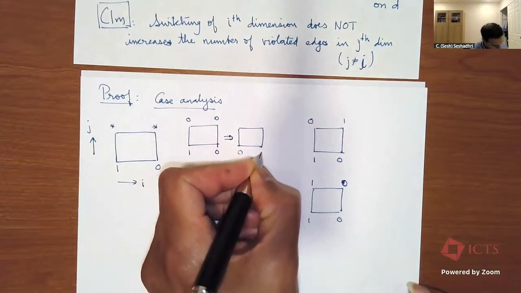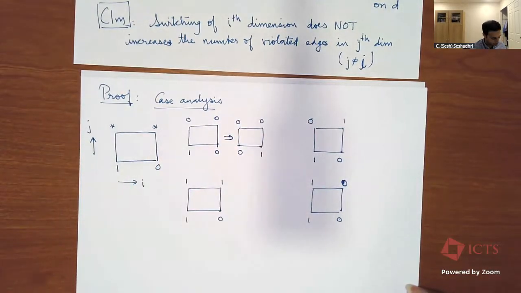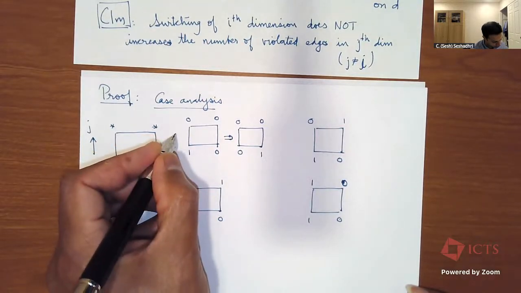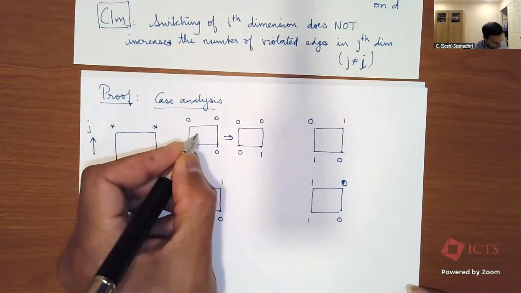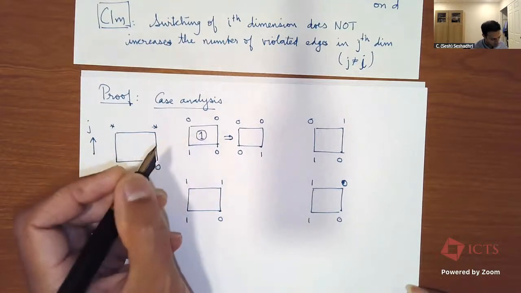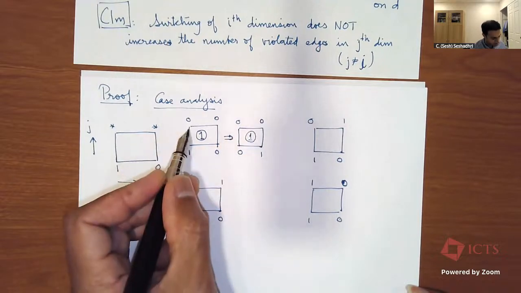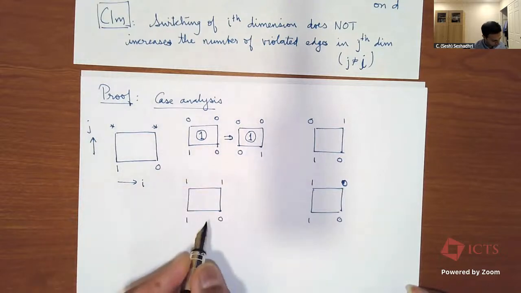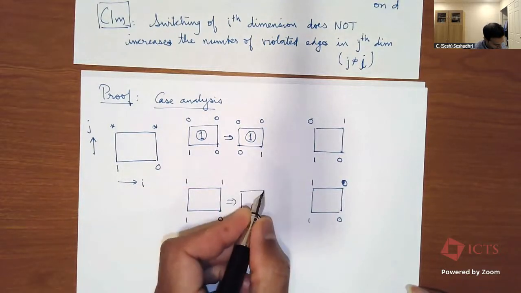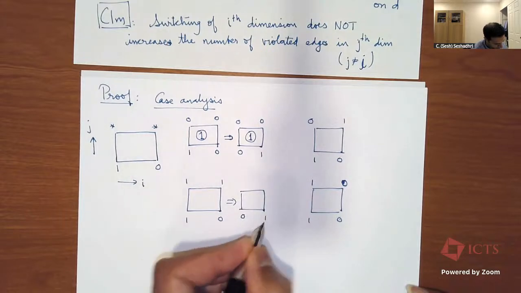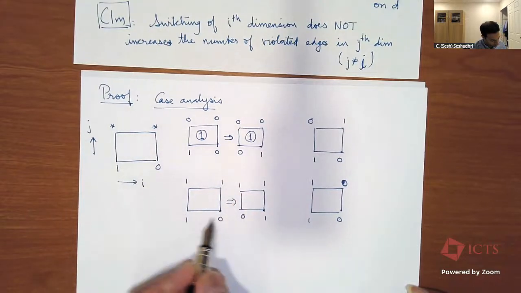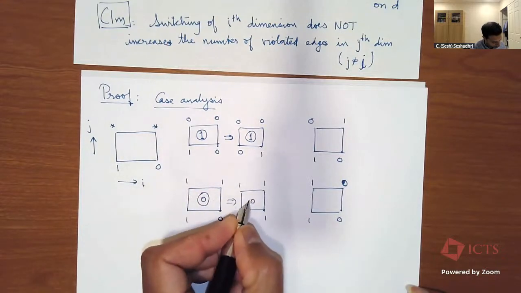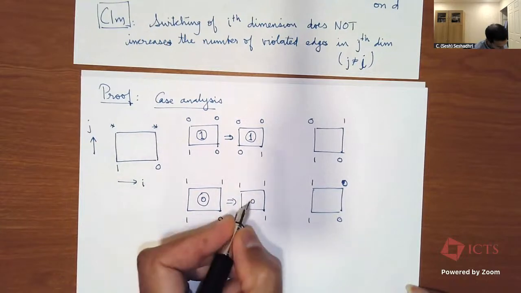This is going to become a 0, 1, 0, 0. So the number of violations in the jth dimension: there was 1 violation here, and there is still 1 violation here. This violated edge moved over there. So it never increased. If I'm in this situation, then there were 0 violated edges here in the jth dimension, and it remains 0.